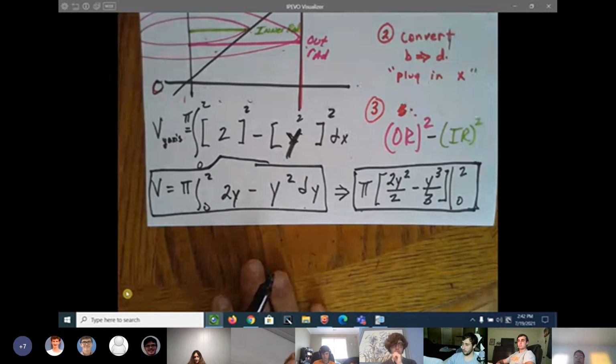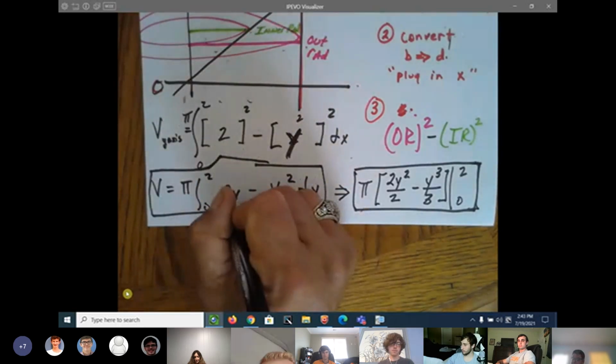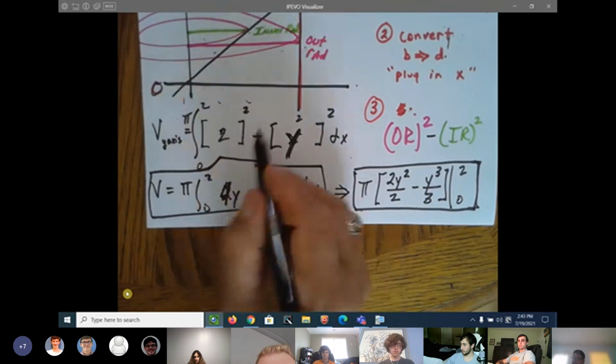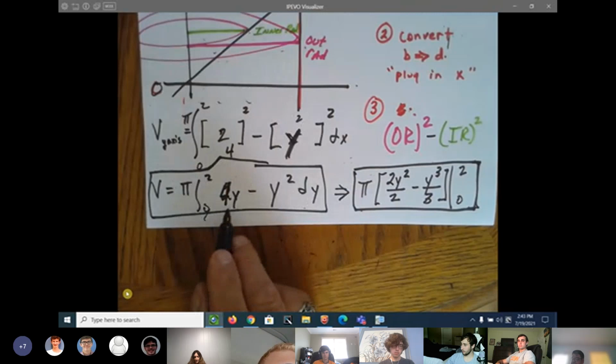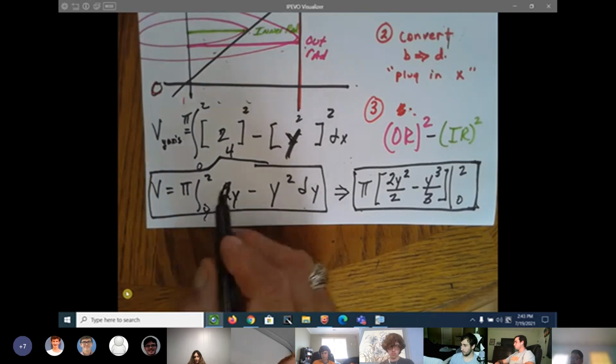Yeah, but could you just go over how you got the 2y again? I'm sorry. I think 4y, because 2 squared is 4. Okay. I took the antiderivative. Well, I guess I'm just crazy. It should be 4y.